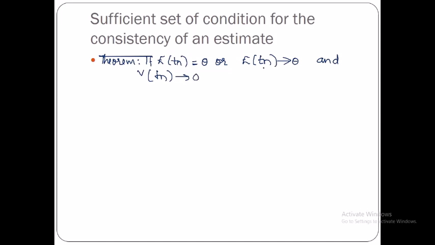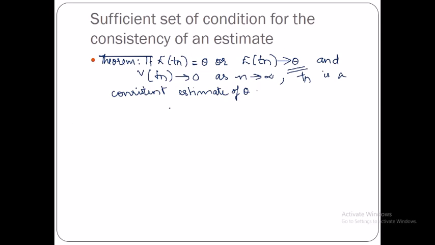See, these are the conditions. If the expectation of that particular statistic tends to the parameter and the variance of the statistic tends to 0 as n, the sample size, gets large, that is tends to infinity, then we say that Tn is a consistent estimate of theta.